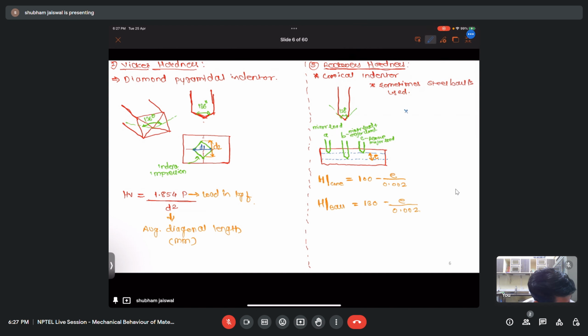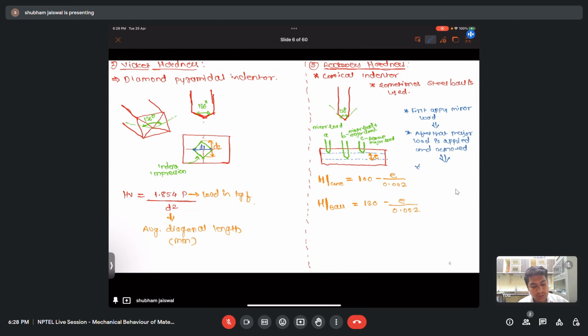Okay, so I will write the steps here. First apply the minor load. Then after this, the major load is applied and removed.